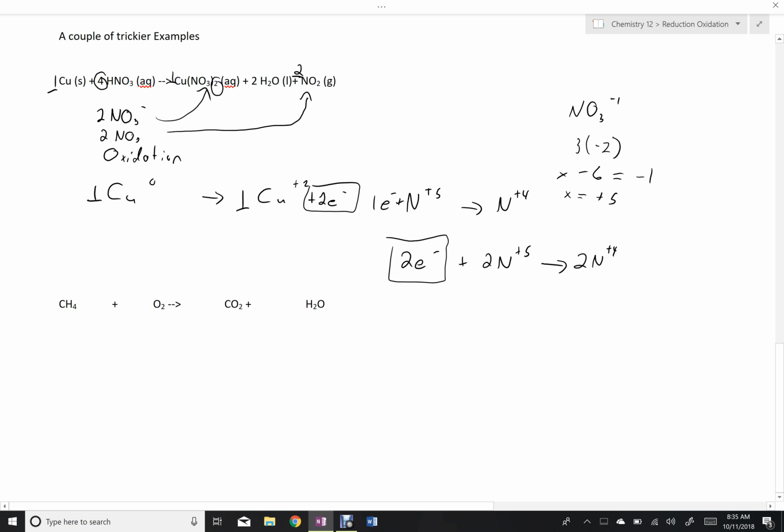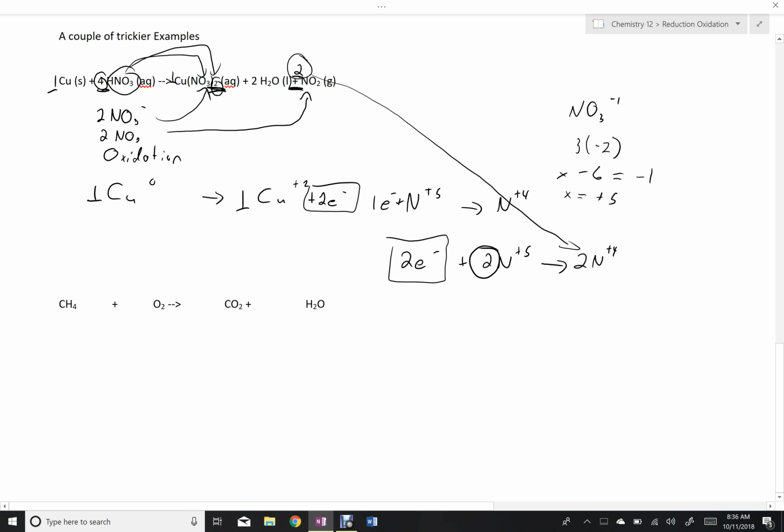So this number doesn't match this number because this number is comprised of both this feeding this and feeding this. So it's a little bit misleading. This number does match this number because that's all that's going on there. But here we have to take into account that this nitrate has to feed both of these things.